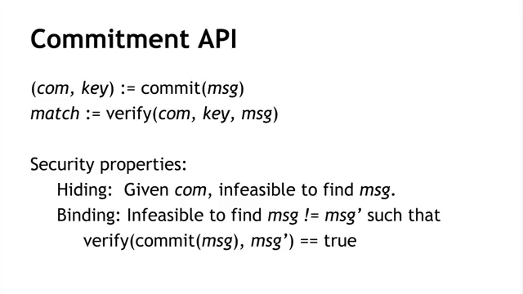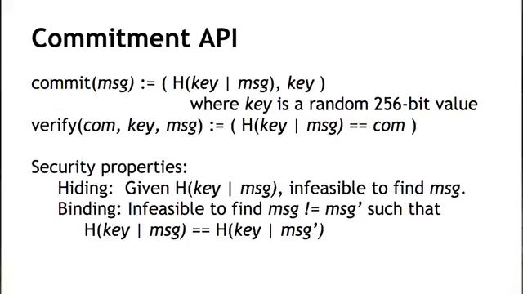Okay, so how do we know that these two properties hold? Well, first we need to talk about how we're going to actually implement commitments. And the way we're going to implement commitments is like this. In order to commit to a value message, we're going to generate a random 256-bit value and call it the key. And then, as the commitment, we return the hash of the key concatenated together with the message.